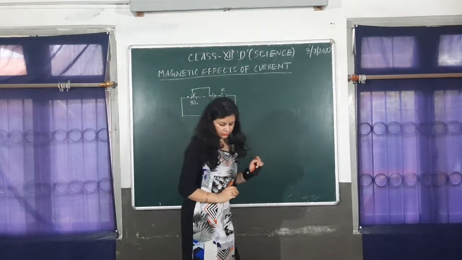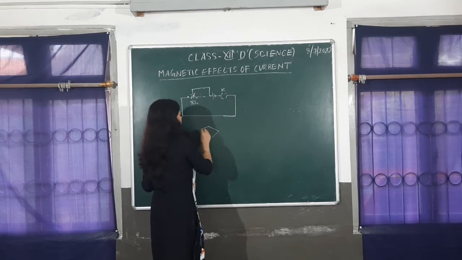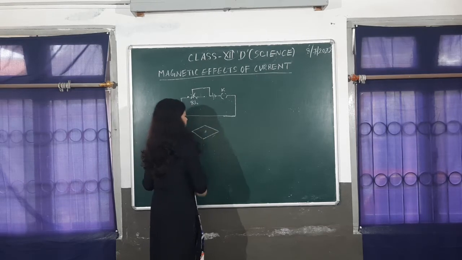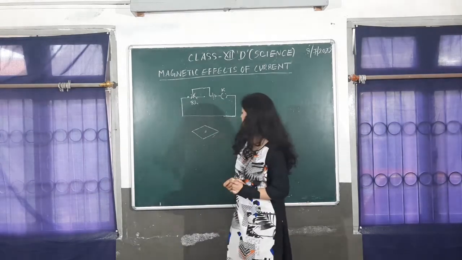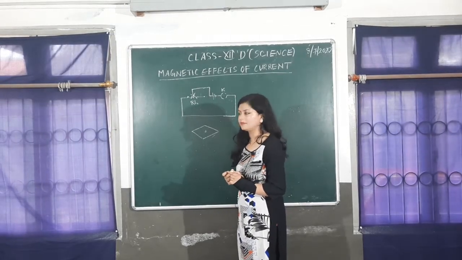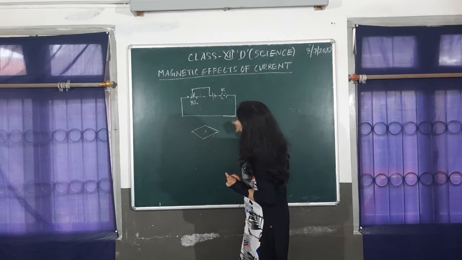Here also, he took a magnetic needle. Initially the key was off, there was no current flowing in the circuit. Do you think there will be any deflection right now? No, because there is no current flowing through it and there is no magnetism induced. Now once the key has been plugged in, the circuit will be closed.